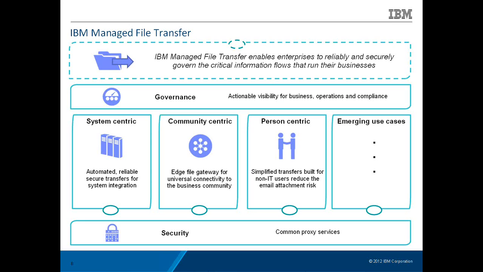We would provide governance of the data movement across these communities and these patterns, and ensure that security is at its utmost for all these data movements across the various types of patterns. So security is of prime importance. That's the foundation on which we build the various capabilities of data transfers across the enterprise.